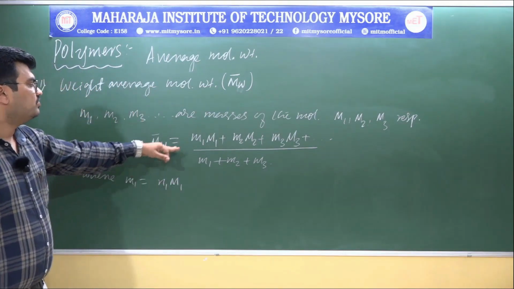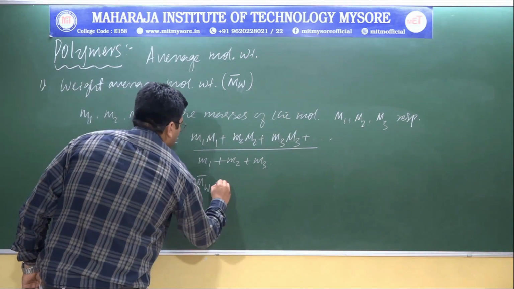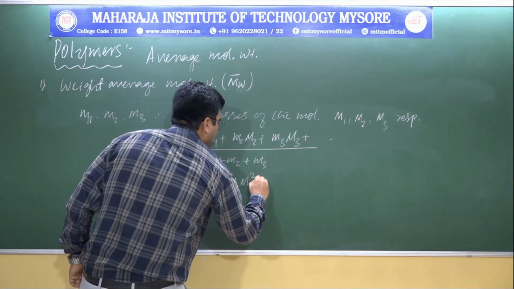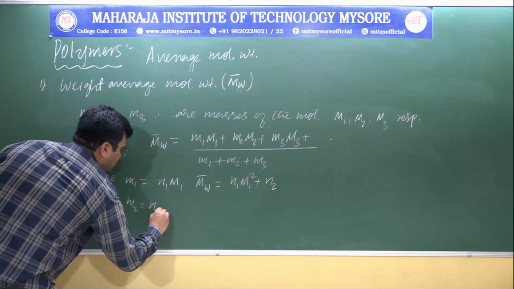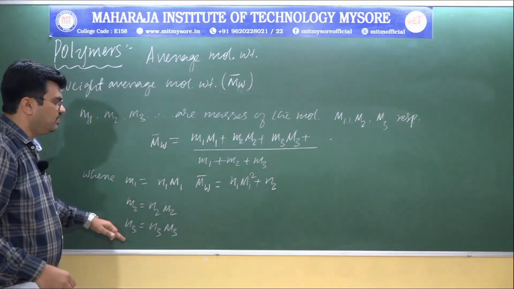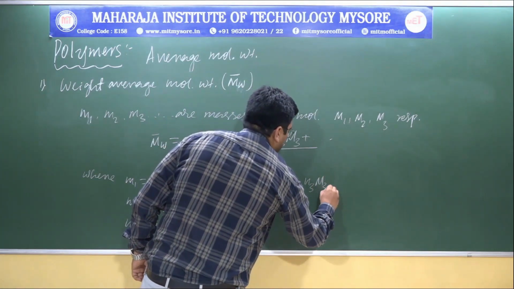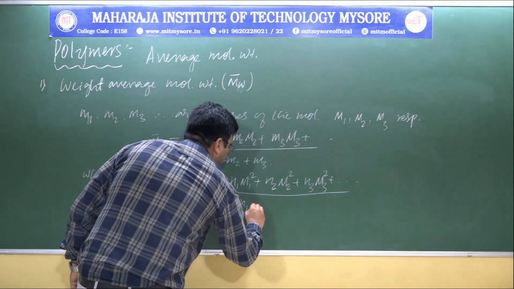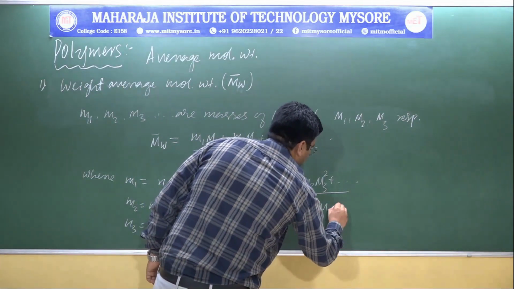If you substitute this value here, this equation becomes MW bar equals n1 M1 square plus n2 M2 square plus n3 M3 square and so on, divided by n1 M1 plus n2 M2 plus n3 M3 and so on.